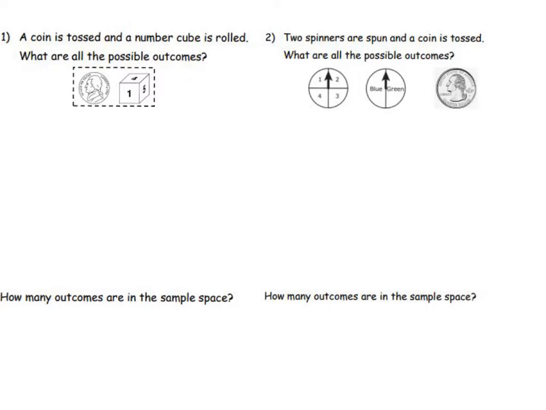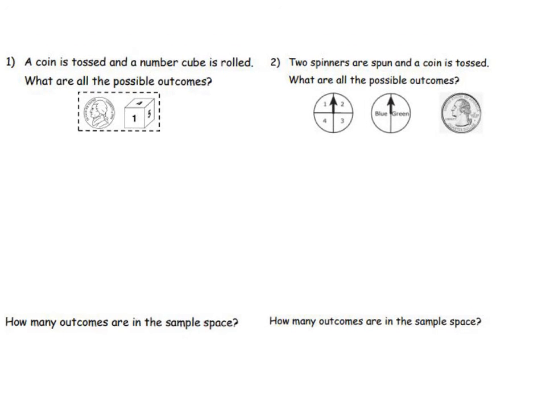So on your foldable, you have the top part and the bottom part. This is the top part. On the top part, we're going to use the tree diagram. And for the tree diagram, I always start with the smallest outcomes.